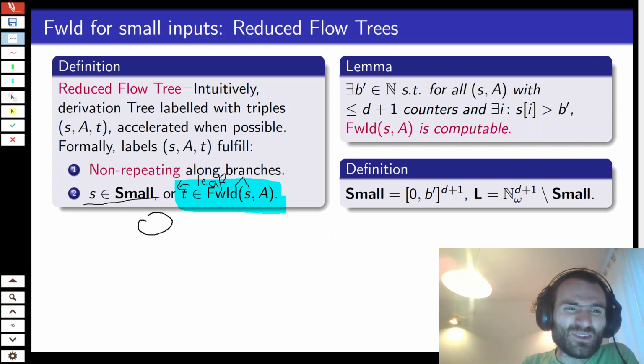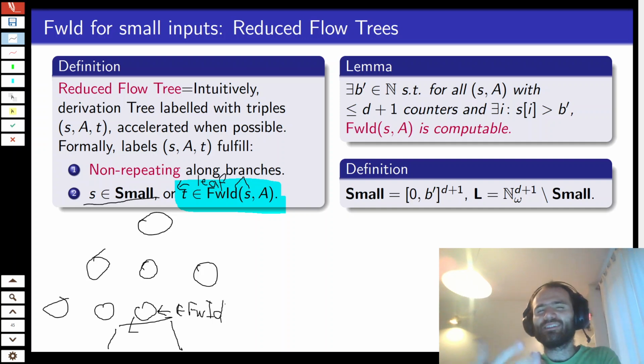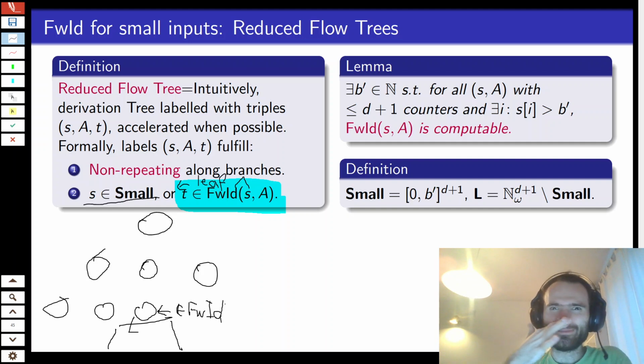Intuitively, we're constructing some derivation, and sometimes something is going to grow large. So here we grow large, and then we terminate the tree here, we cut it off, and we just put here something that is in forward ideal. Of course, here we rely upon the fact that forward ideal is computable if we are not small.